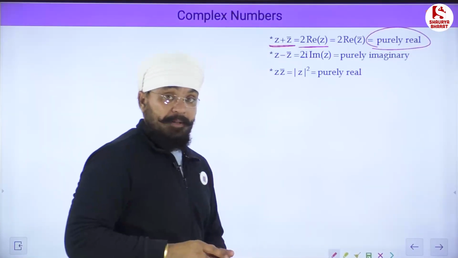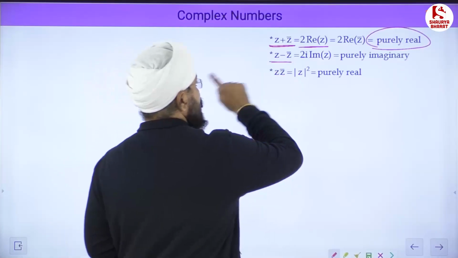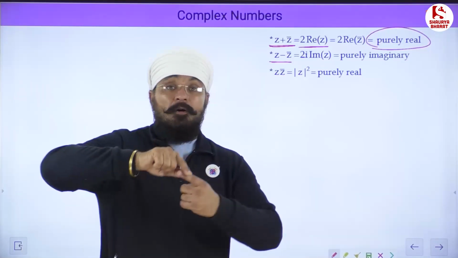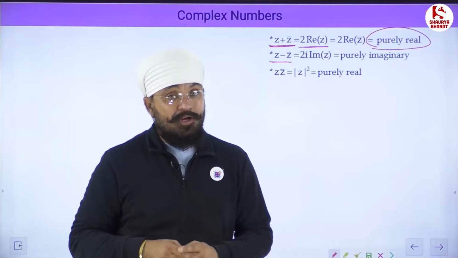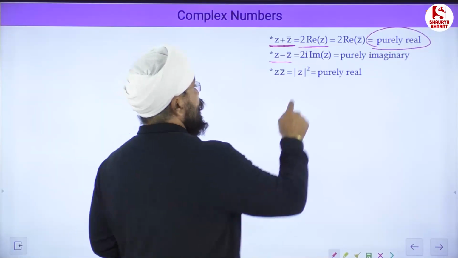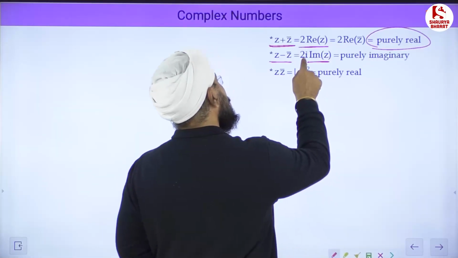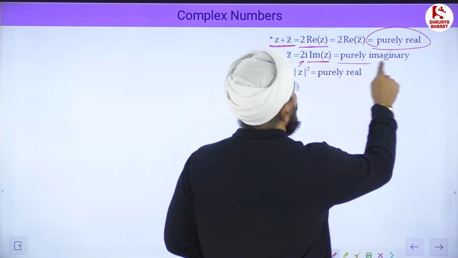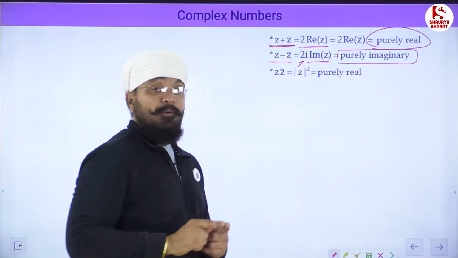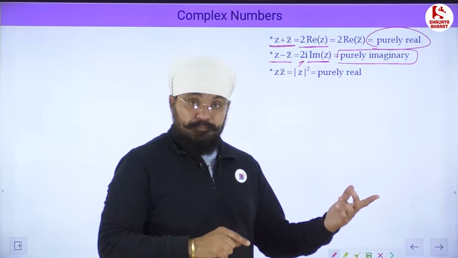So, this property can be remembered. The other one is when I take the subtraction. Subtraction means from the complex number, take away the conjugate of the complex number, we get the imaginary part. Along with that, since iota is there, we say it is purely imaginary. So these are two important properties which we will use.